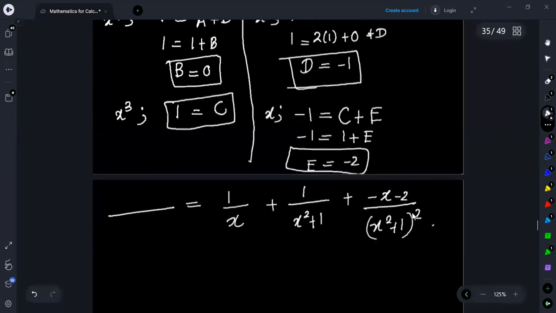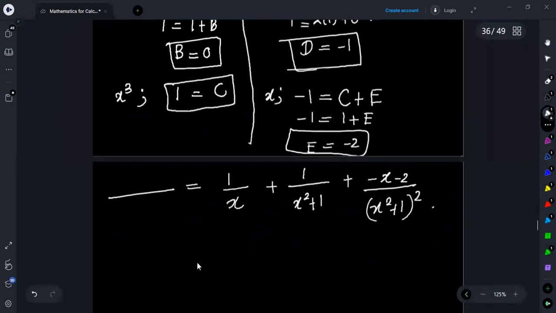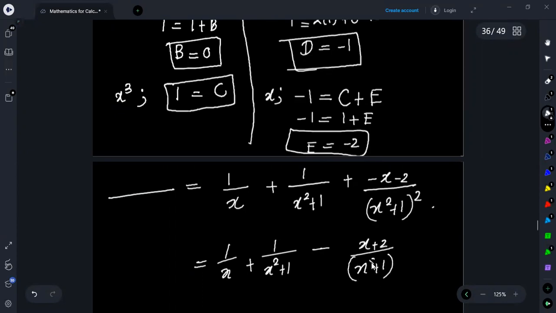So we can rewrite this as 1 over x plus 1 over x squared plus 1. Since this minus is common, we can bring it out and write x plus 2 over x squared plus 1 to the power 2. So this is the answer for that example.